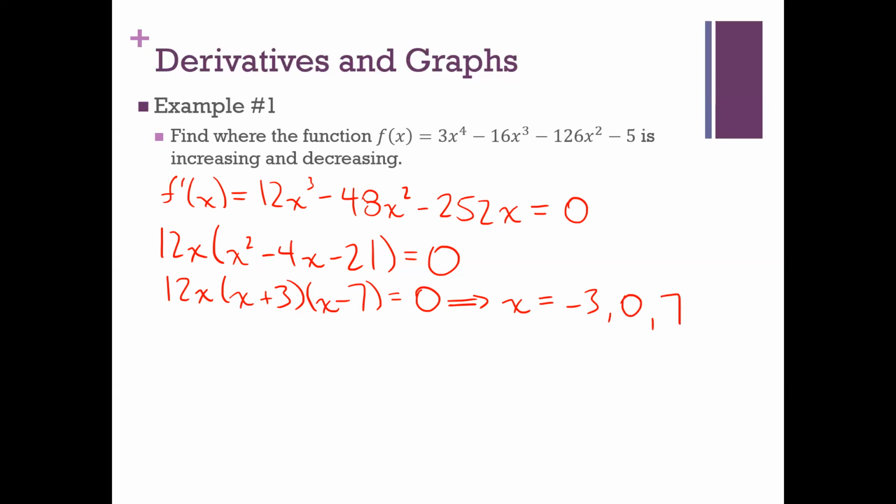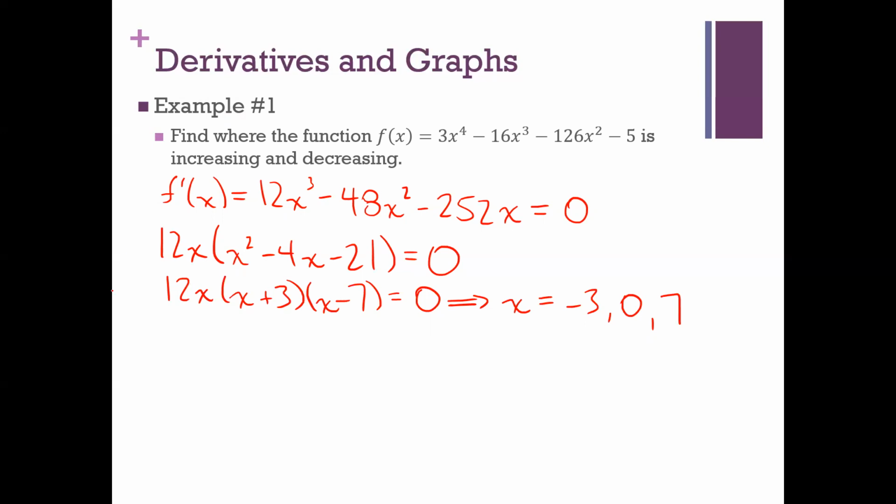So I can't give you the intervals yet. I can kind of tell you what the intervals are, but I don't know what they do yet, right? I know where the derivative is equal to 0. Based on where those critical points are, what intervals am I looking at?